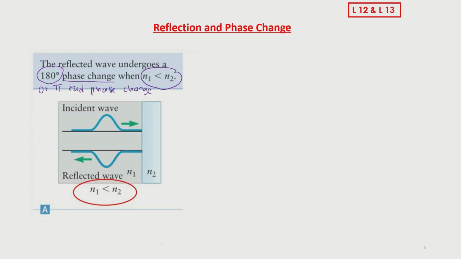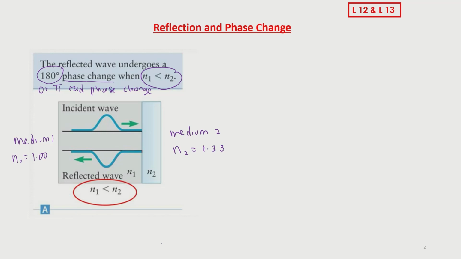Now, as you can see in figure A, there are two media, medium 1 and medium 2. For example, the refractive index of medium 1 is 1 and the refractive index of medium 2 is 1.33.